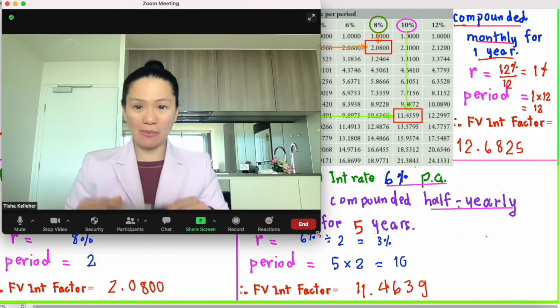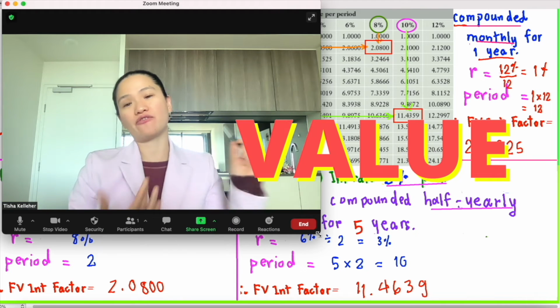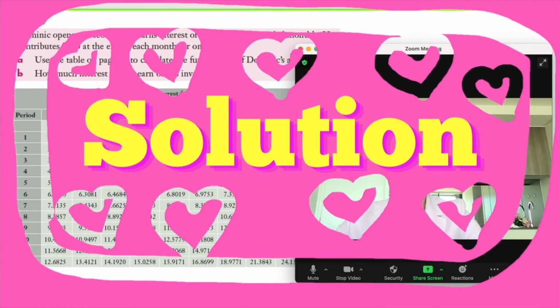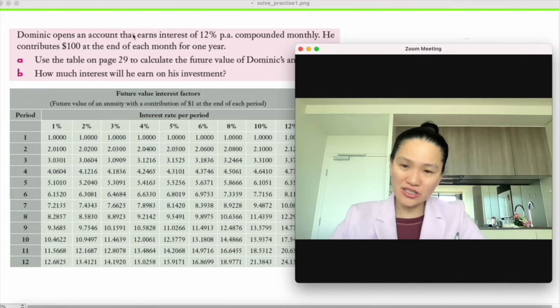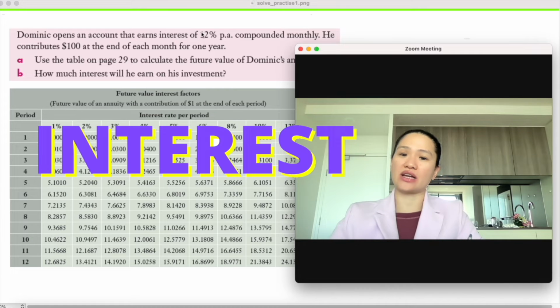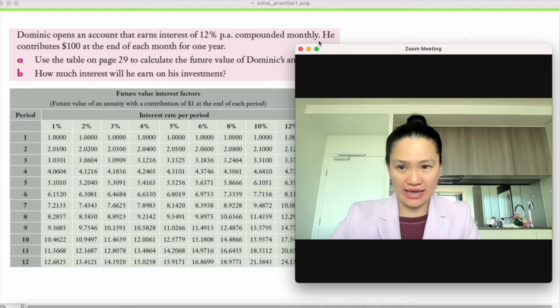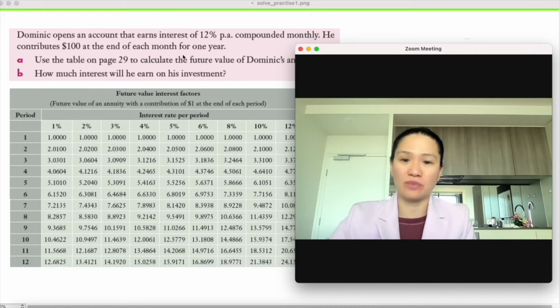Now we're going to apply this knowledge about how to find the future value interest factor to solve the question. Let's see from here. Dominic opens an account that earns interest of 12% per annum, compound monthly. He contributes $100 at the end of each month for 1 year.